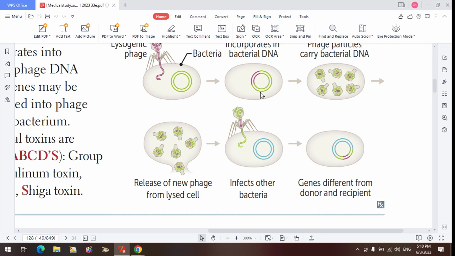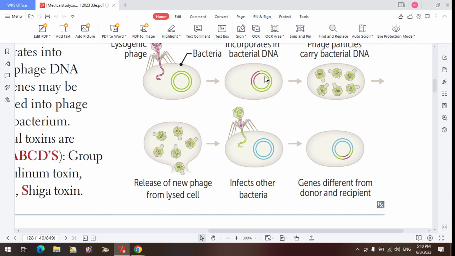It doesn't want to replicate the entire genome. It just wants to integrate into this bacterial DNA, control the machinery, and use that machinery to excise itself out and replicate its own portion only. But in some situations, it can excise some bacterial DNA with it.